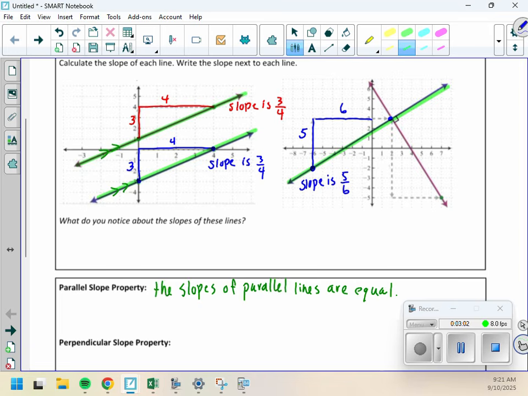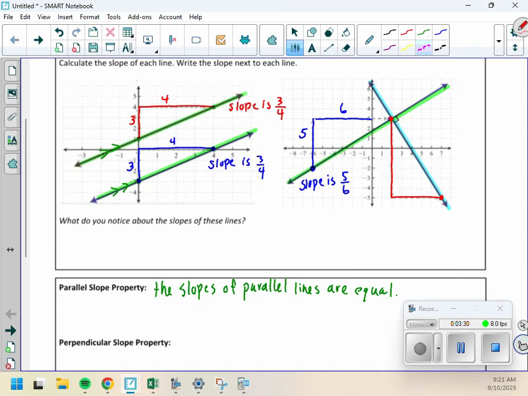And if you count and go straight down, you will notice that you go down a total of 6 units, and you go right a total of 5 units. So we go down 6 and right 5. Since we're going down 6, we're going to put a negative on there, and therefore my slope is negative 6 over 5.